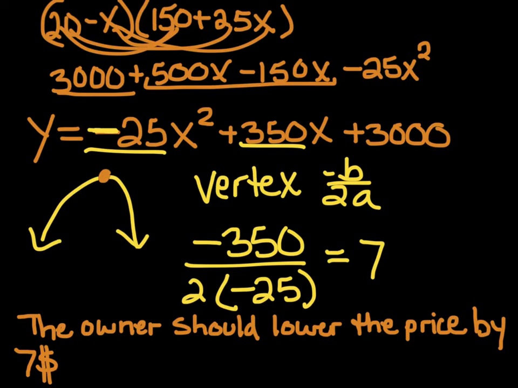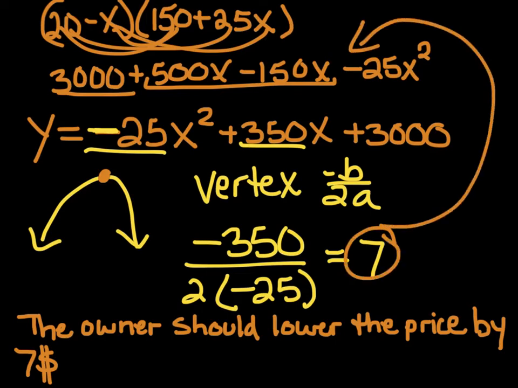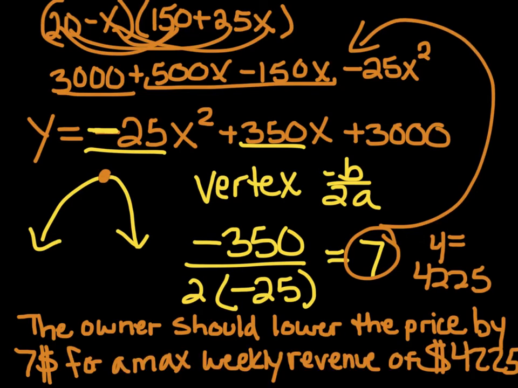All we would need to do is take this 7, plug it into this equation for x, and solve for y. And to save you some time, I'll just tell you that that would give you a y value of 4,225. So the owner should lower the price by $7 for a maximum weekly revenue of $4,225.